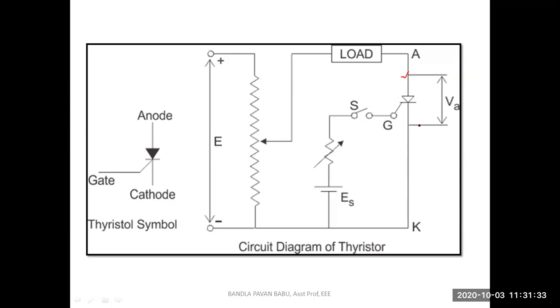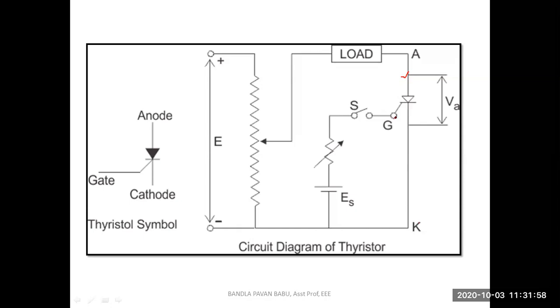Here we are going to control the current, because obviously the maximum voltage appears across the switch. Soon after the switch is completely closed, this voltage becomes zero because it acts as a short circuit, and the current will be maximum, that means the load current. This is the basic operation.